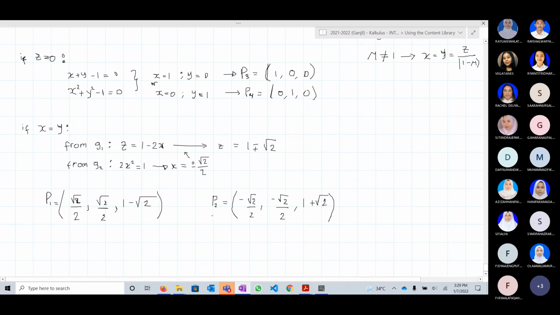Then we will get that the points on the ellipse that are closest to the origin are 1, 0, 0 and 0, 1, 0, and the point on the ellipse that is the farthest from the origin is actually P2. Any question?